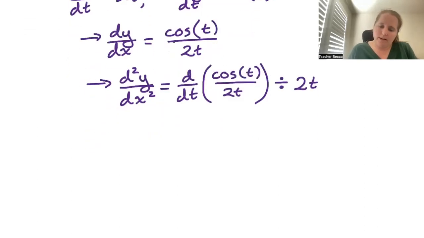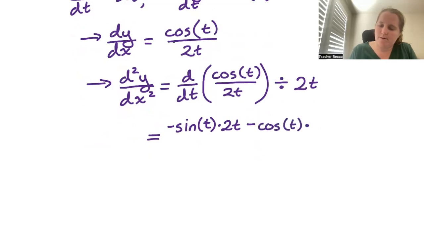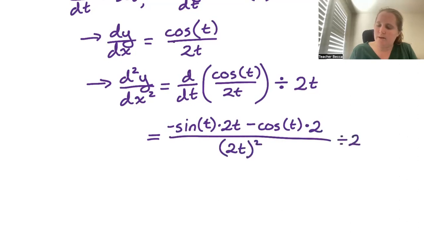So we have a quotient rule here. Derivative of cosine is negative sine of t times the denominator, so times 2t. Then we subtract off cosine of t times the derivative of the denominator, so times 2, all over the denominator squared, so all over 2t squared. Then we divide by another 2t.